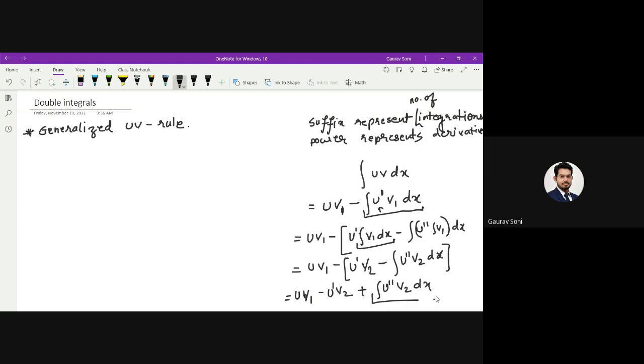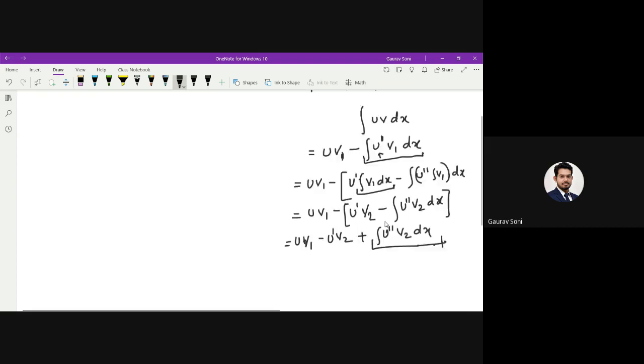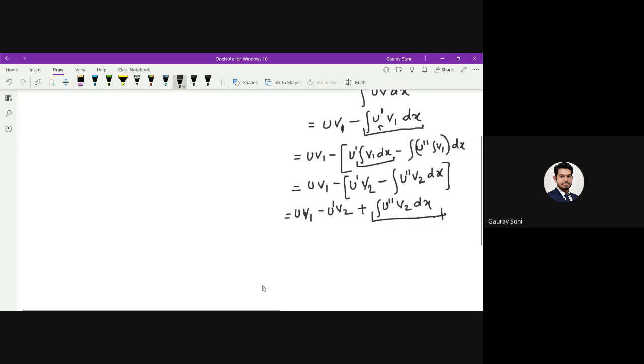Now again I can apply the UV rule to this. So this will become u v1 minus u1 v2 plus, in bracket, u double dash as it is, integration of v2 dx, minus integration, taking one more derivative of u, I'll write 3, and integration of v2, total dx.